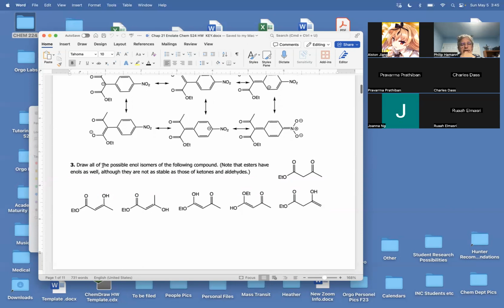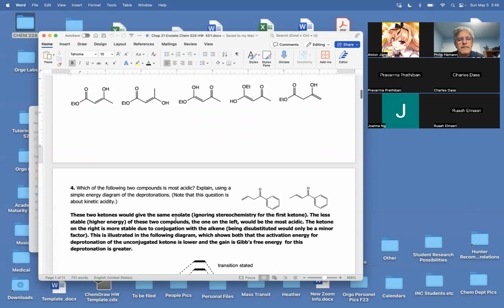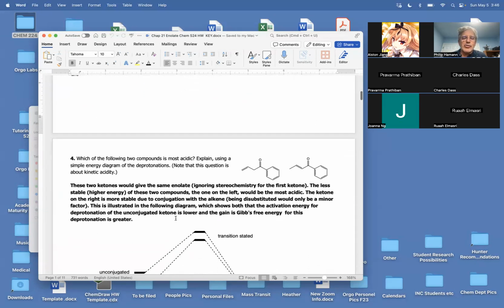For 3, all the enols of this, this enol and this enol are different because of the double bond character. So number 3, it's pretty tricky to find all 5 of these without really clear thinking. That's my homework. If you haven't done it before, it's my homework.